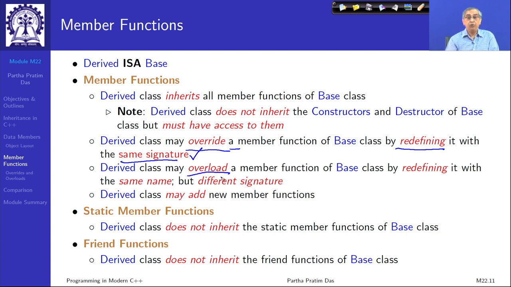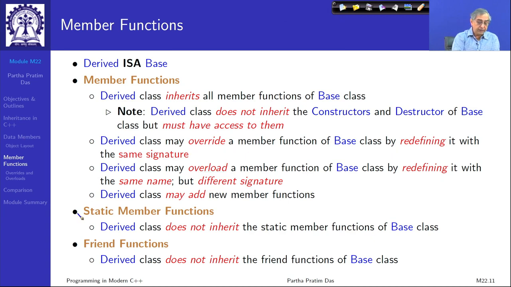Or it can choose to overload, when it redefines with the same name, but with a different signature. You know, that is the basic rule of overloading. So, it becomes yet another different function, an overloaded member function, or it can add new member functions as well.